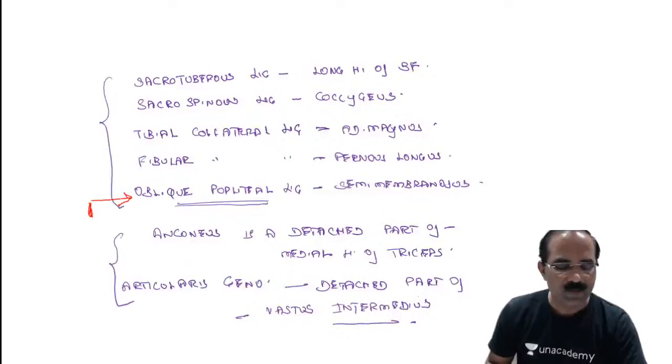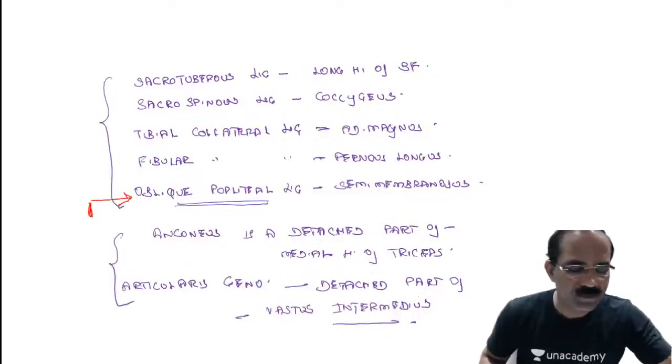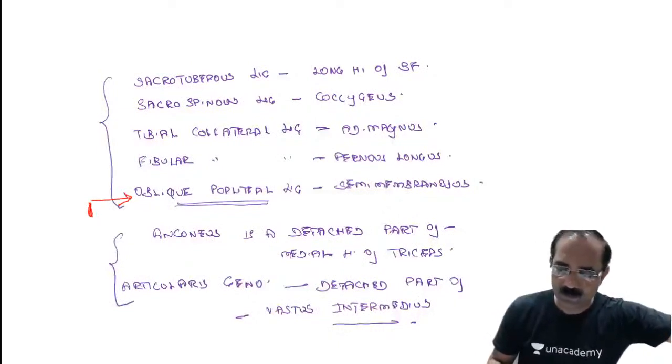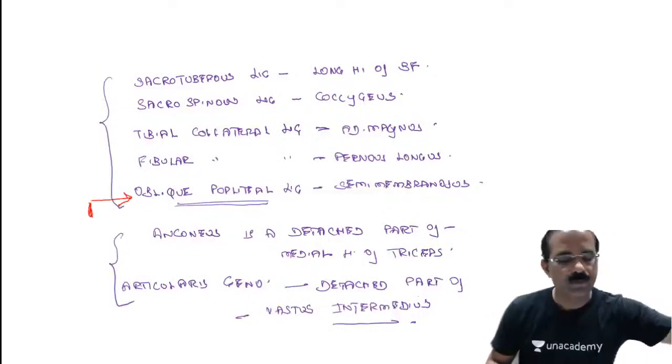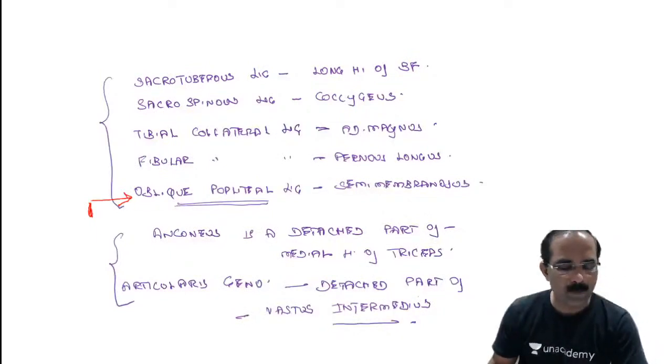Anyone? Oblique popliteal ligament is pierced by. It is pierced by. No Shreyansh, median perforating branch of popliteal artery, no, median is its name.